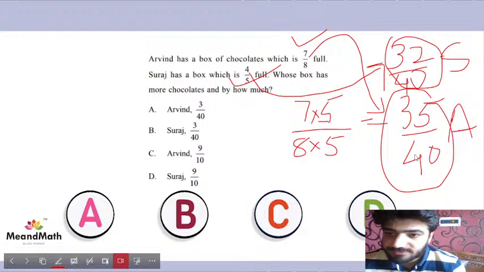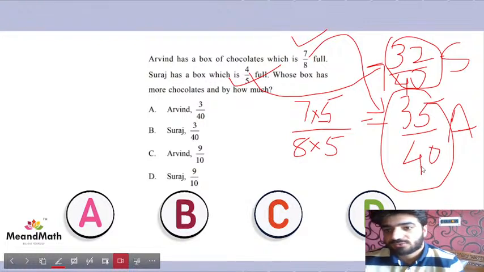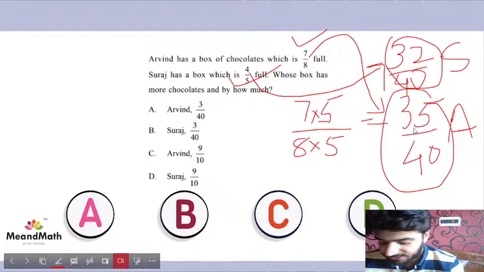So how much is the difference between 35 by 40 and 32 by 40? First of all, the larger fraction is 35 by 40, isn't it? It is not.